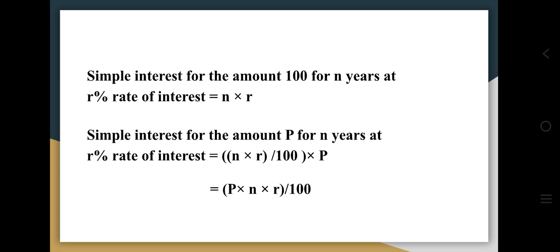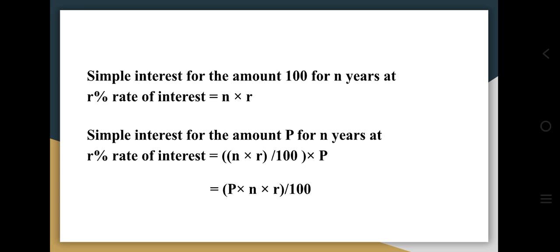So for the amount P for n years at R% rate of interest, the simple interest is, for 100 it is NR. So 100 corresponds to NR. We want the corresponding value for P. So divide NR by 100, multiply by P.